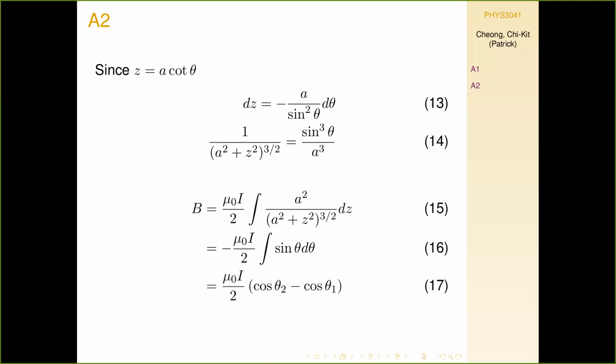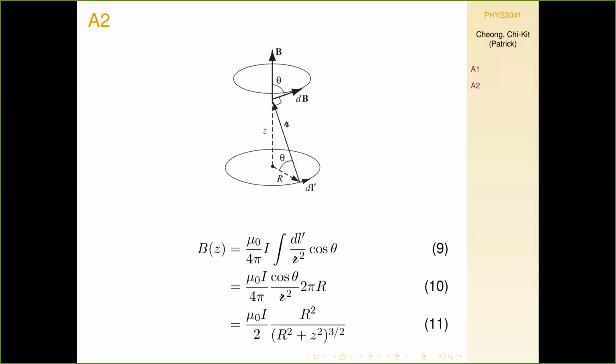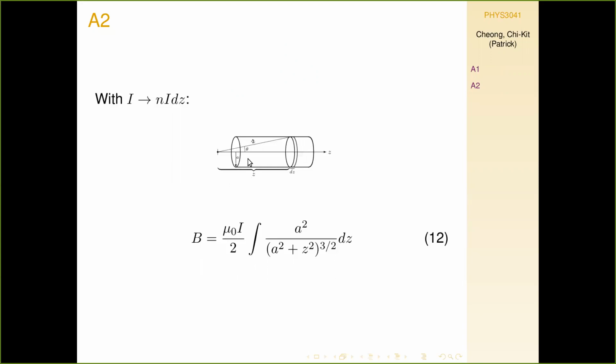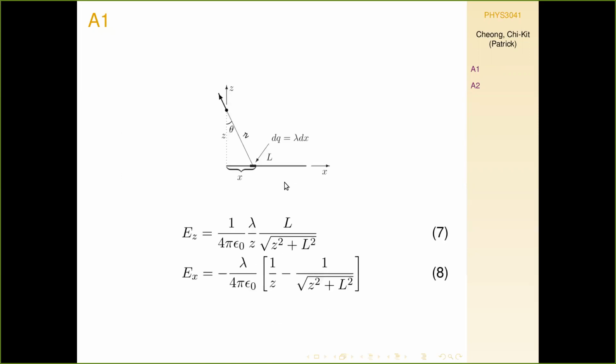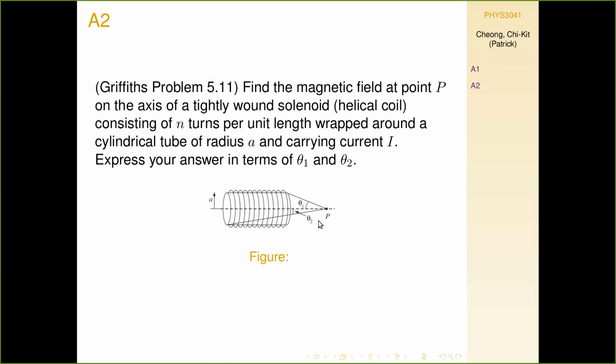Of course, based on what you've learned before, you can do some consistency check. For example, let us assume that this is an infinitely long solenoid.